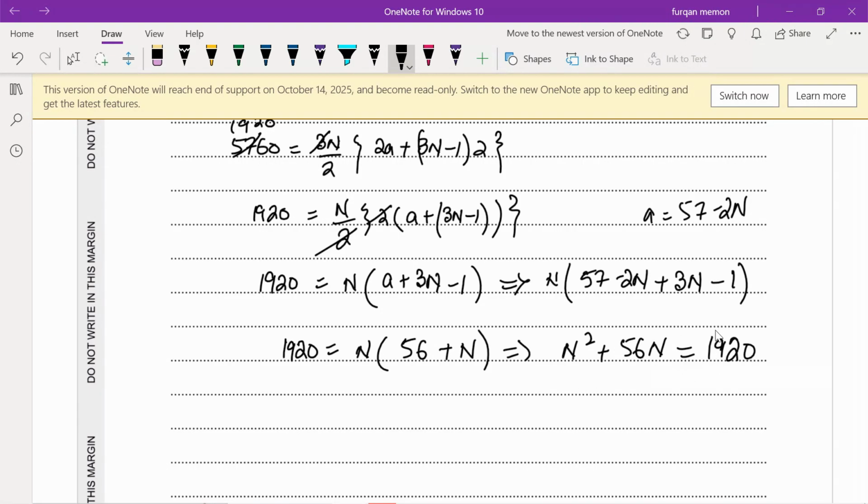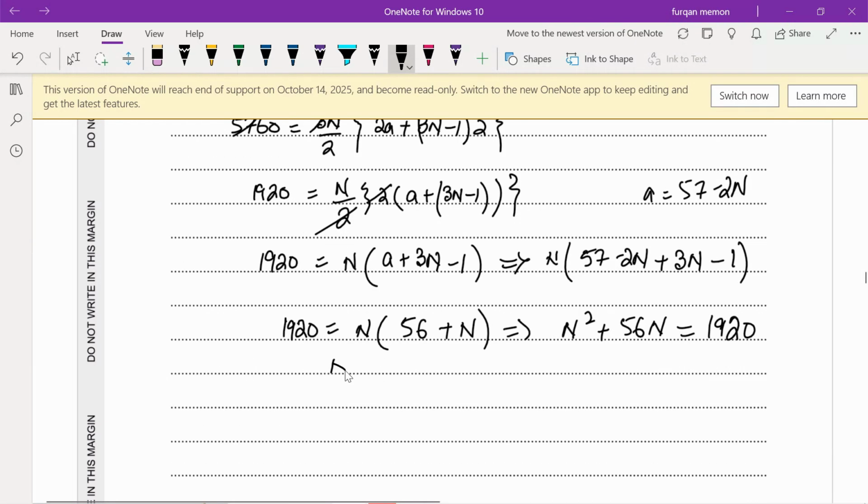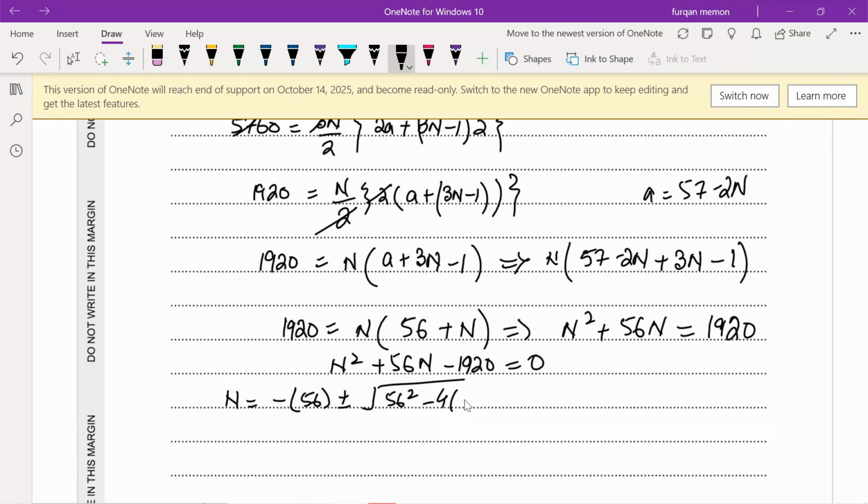So we move 1920 to the left side, and we have n squared plus 56n minus 1920 equals 0. We have a quadratic equation, so we can apply factorization or the quadratic formula. So n equals negative b, which is 56, plus or minus the square root of b squared, which is 56 squared, minus 4ac, where a is 1 and c is negative 1920, over 2 times 1.